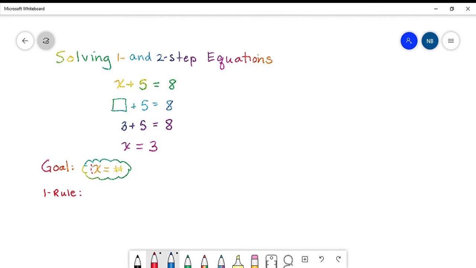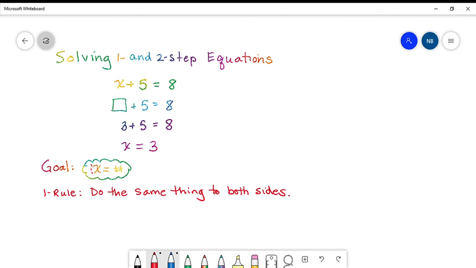An equation has a left side and a right side, and you always want to make sure that you do the same thing to both of those sides. So let's write that down. Do the same thing to both sides.